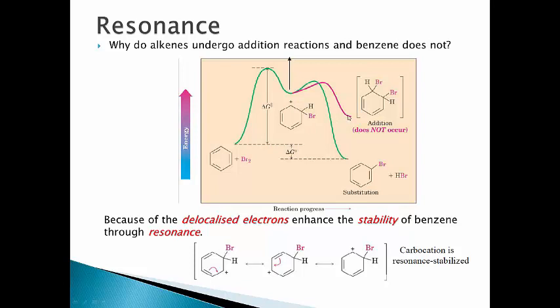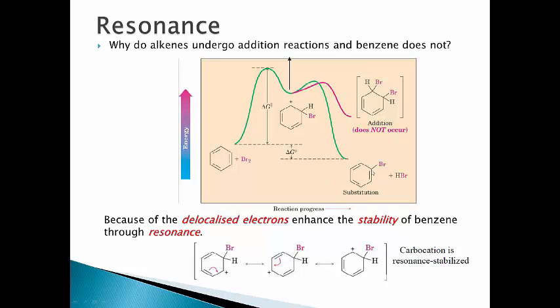So it's not a favourable interaction. If we were to remove this proton and put those electrons back in and reform that hugely stable aromatic ring, then we would have a decrease in energy. So the overall energy would be favourable.